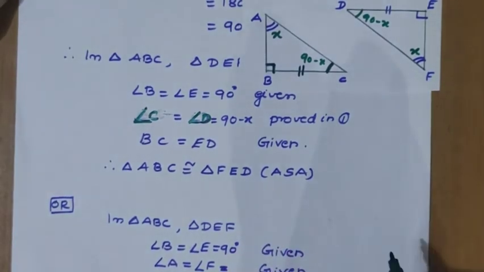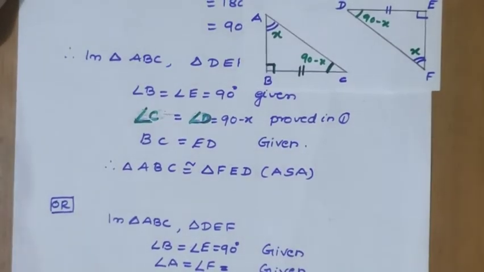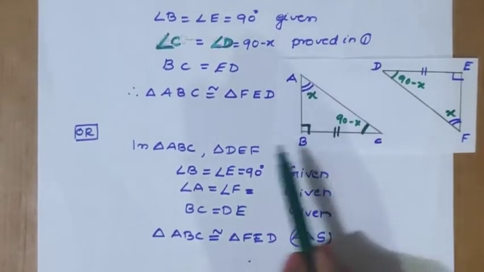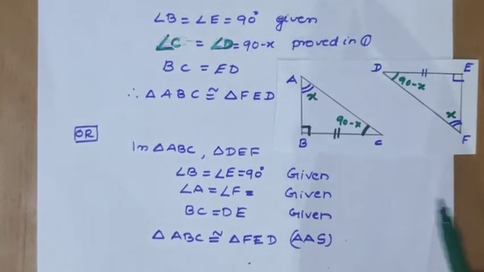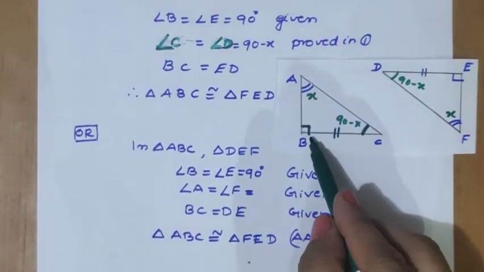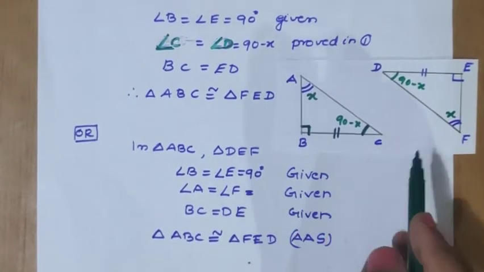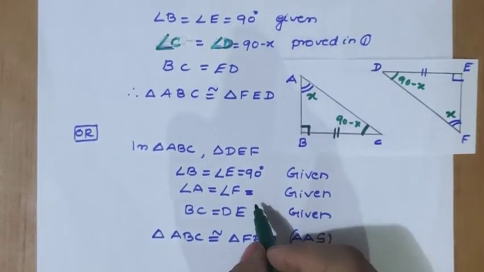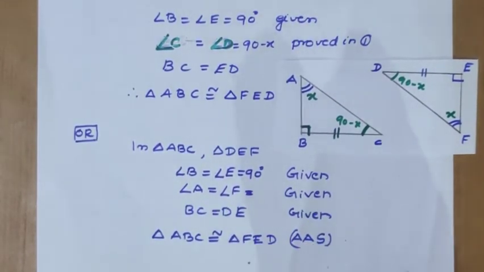Now we can prove the same triangles in another way, because I just want to show that ASA and AAS are the same. In triangles ABC and DEF, by the other method, without calculating the third angle: angle B equals 90 degrees, and angle A and angle F are given, let us take X, and we write given as the reason.